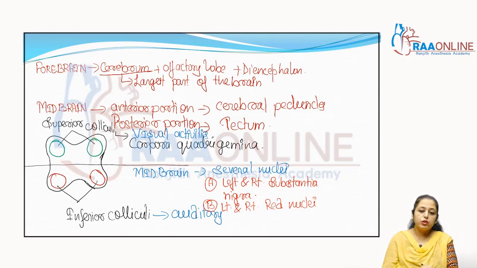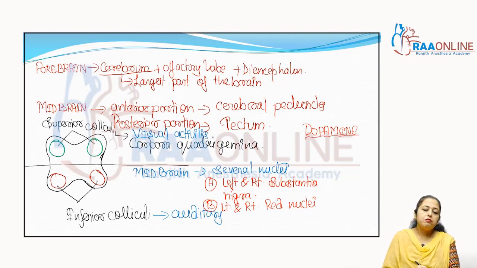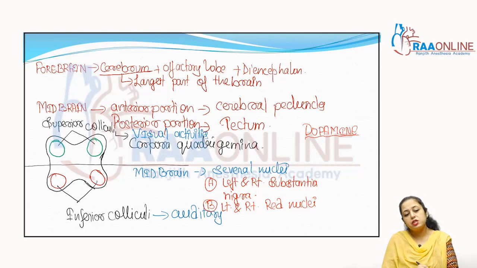neurons which release the dopamine, a neuroinhibitory neurotransmitter, right? Dopamine extends from the substantia nigra to the basal ganglia, right?